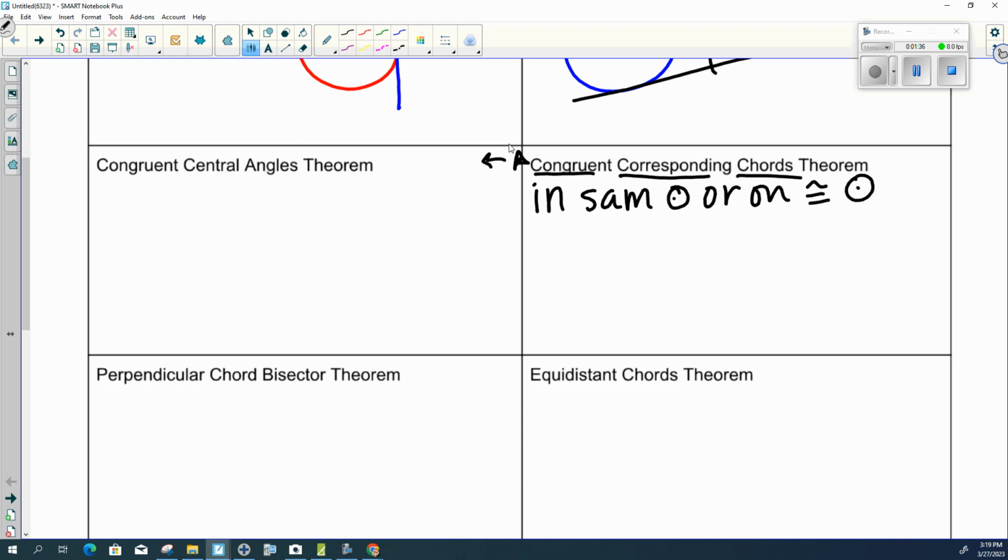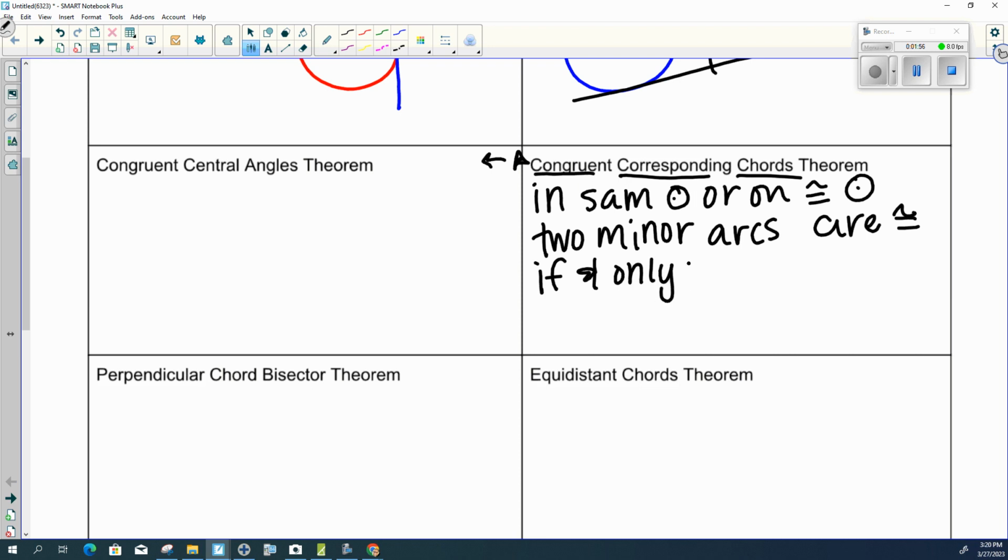It has to have that. So if that's the case, then the 2 minor arcs are congruent if and only if their corresponding chords are congruent.